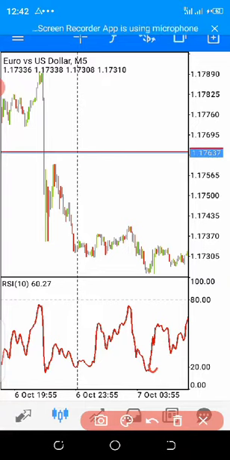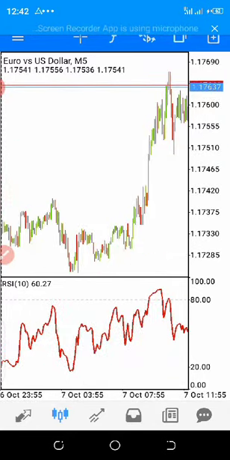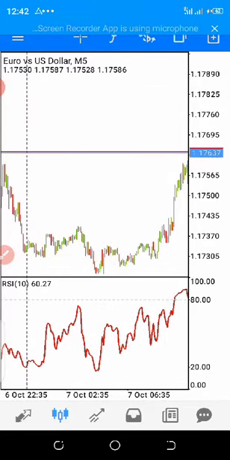Then what happened? Let's see what happened. The market bought to this extent. Look at here, look at the spot here.